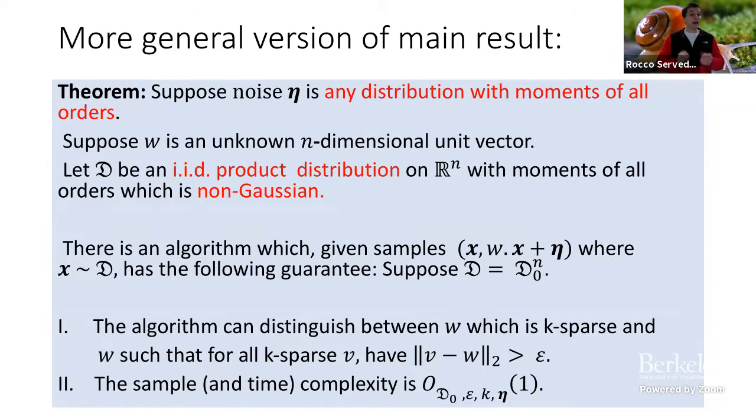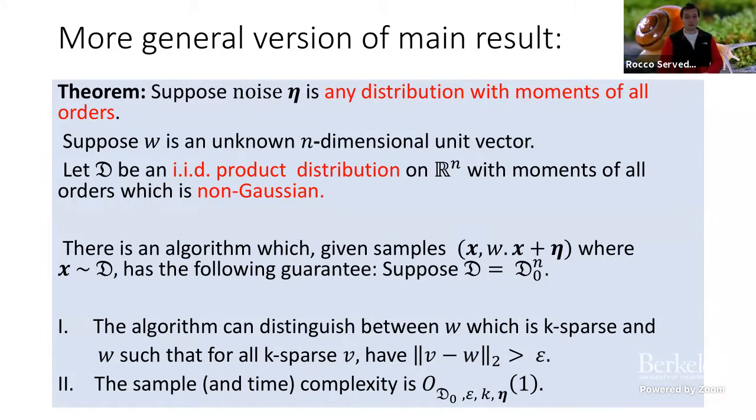Okay, so if you give me access to this data from an IID product distribution where each component, the underlying distribution over the reals, is non-Gaussian, you give me access to this kind of noisy data with basically any type of noise model, then it turns out that we have the same testing result. So again, we can distinguish k-sparse vectors from far from k-sparse vectors, and the sample and time complexity won't have any dependence on the dimension.